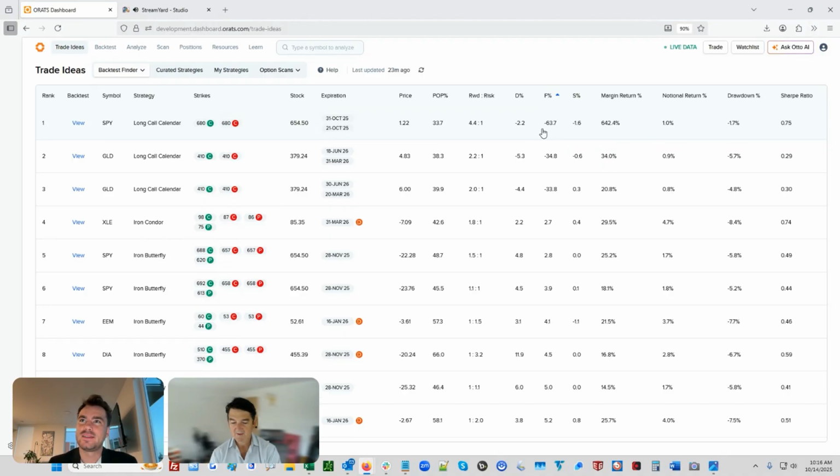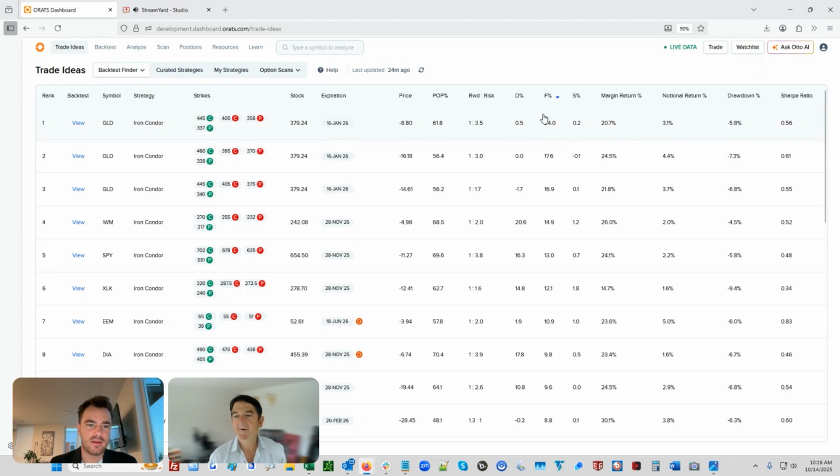Yeah, the way I like to see it is, it's really hard to find alpha in the market, and what ORATS helps you do is find alpha at every step of the way in the trading journey. This is the option scanning portion of the trading journey. Say you've identified a strategy and a symbol that you like to trade, and you've identified the best entry and exit times and the signals to enter. Even at that point, there are still hundreds of trades to choose from.